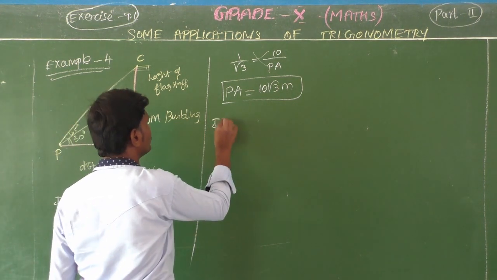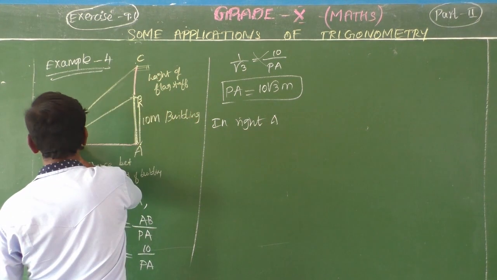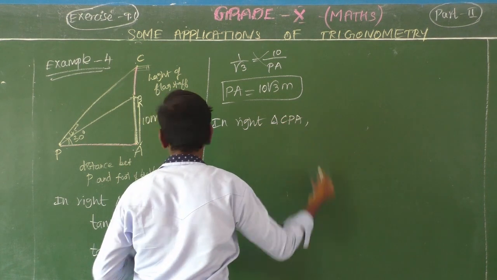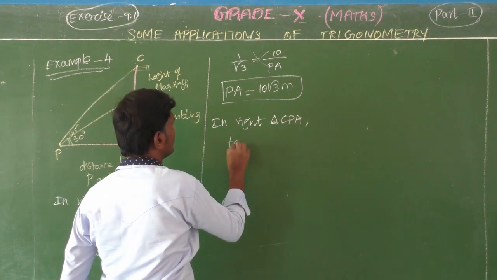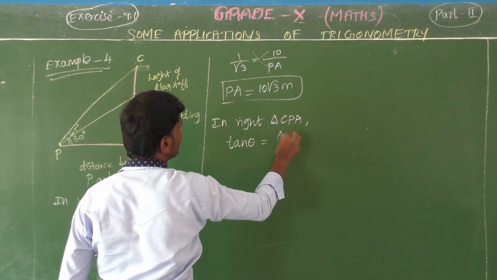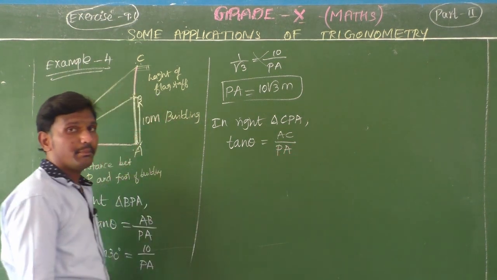And next I'm going to take right triangle CPA. Here tan theta equals the opposite side, the whole AC, divided by the adjacent side PA or AP.